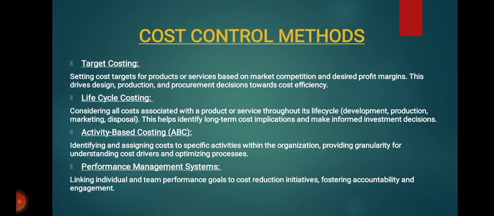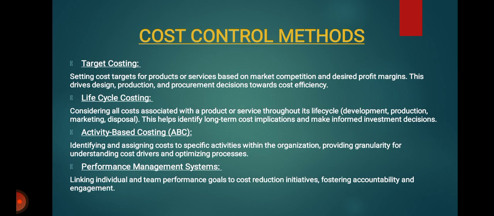And the last cost control method is performance management system. In this, we link individual and team performance goals to cost reduction initiatives, fostering accountability and engagement. It can be explained through an example.